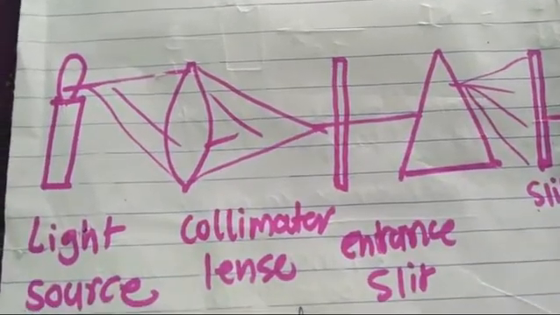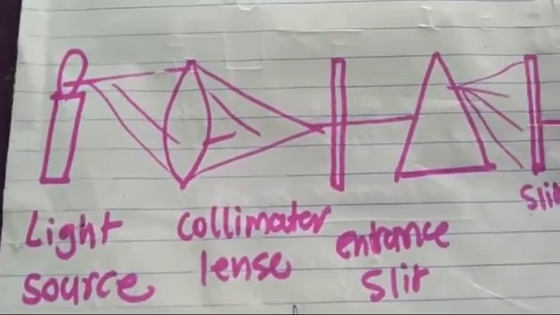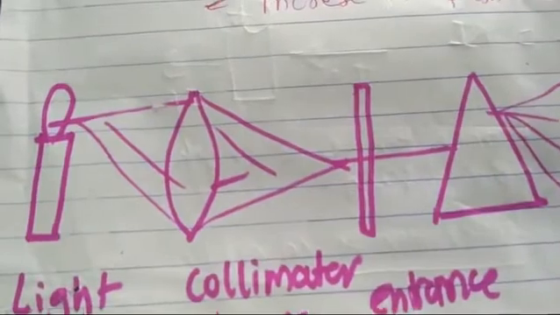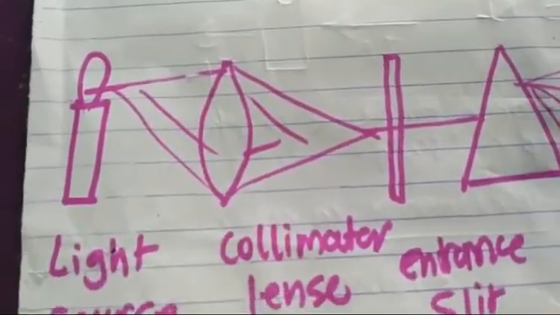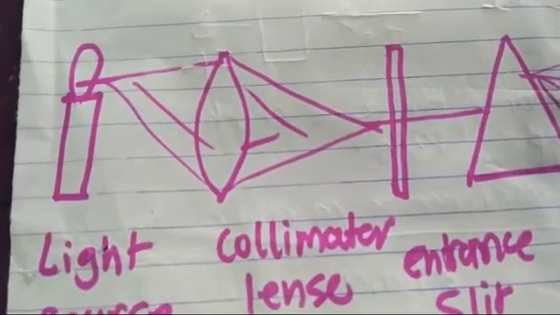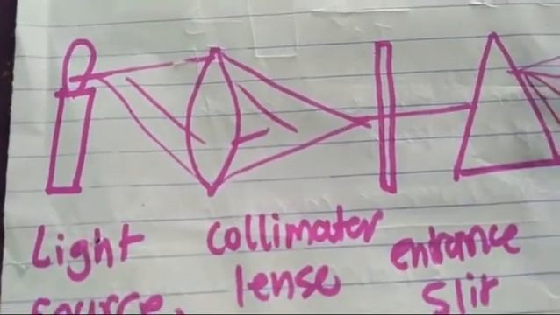So first we see the source, light source. The most commonly used light source in UV visible spectroscopy is tungsten lamp.